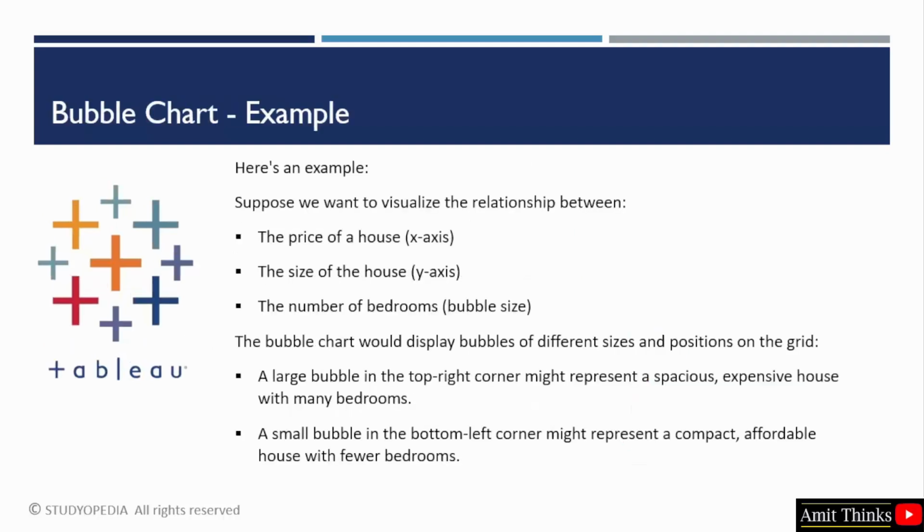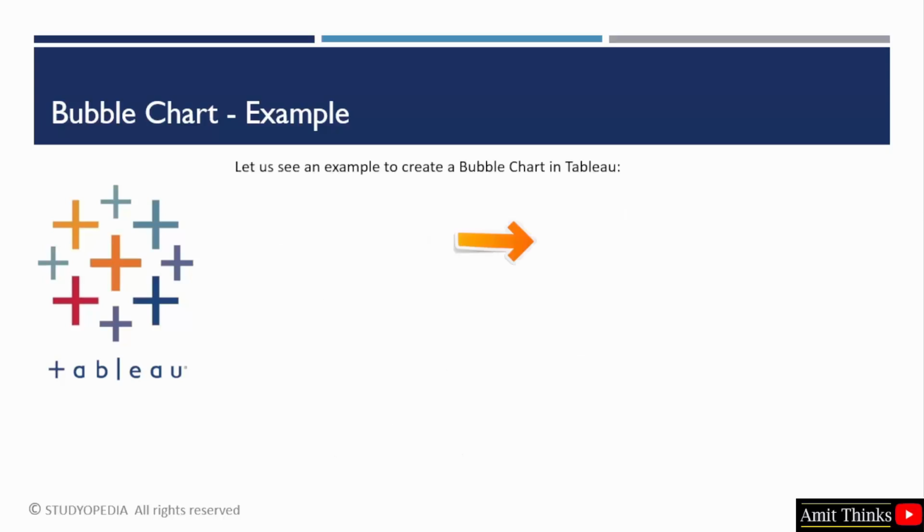A large bubble will represent, let's say, a spacious and expensive house with many bedrooms, and a smaller one will have fewer bedrooms. So let us see an example related to our sample store so that we can understand the bubble chart in a better way. We will visualize sales data across different shipping modes in Tableau for our sample superstore.